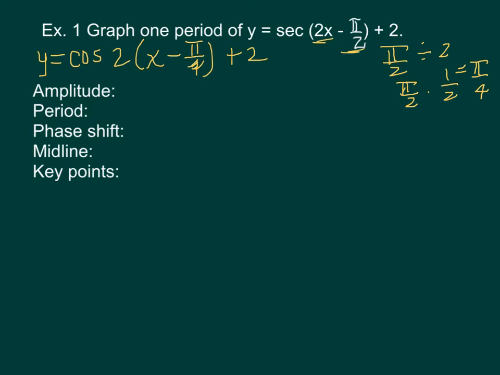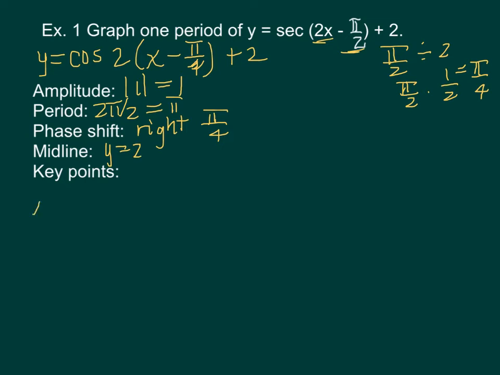So your amplitude for your cosine graph is the absolute value of 1, which is 1. Your period is 2 pi over b, which is pi. Your phase shift, we're moving right, pi over 4. Your midline is y equals 2.